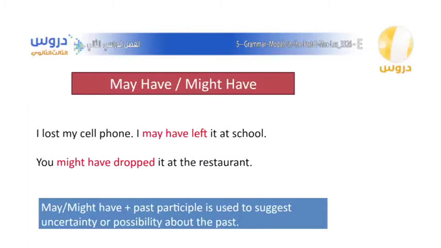As an example, I lost my cell phone. I may have left it at school. When somebody says, I may have done that, that means he or she is not sure if they have done this or if they haven't. So they say, I may have done that, okay?